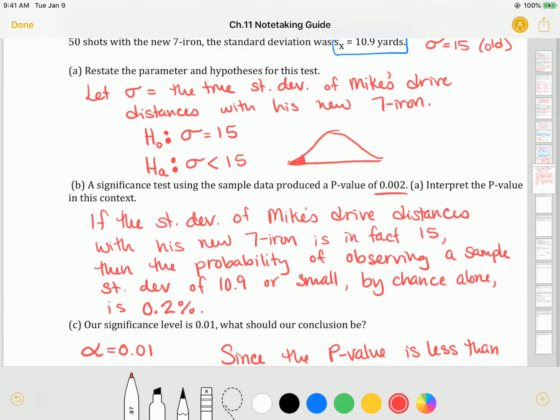Okay, so you can go up here and you can look at, what is my alternative? My alternative is saying that the standard deviation is less than 15.